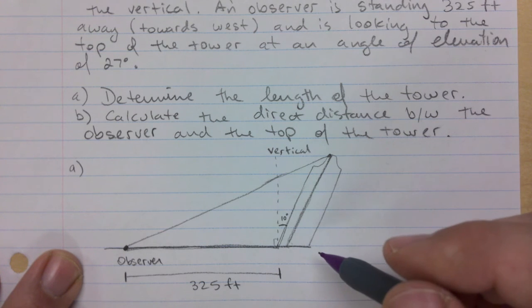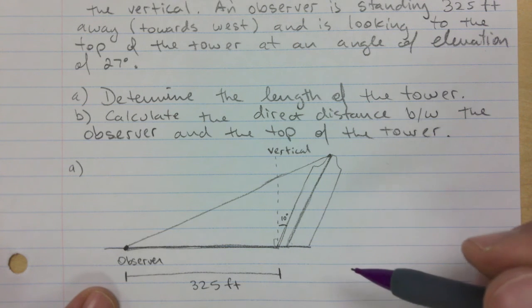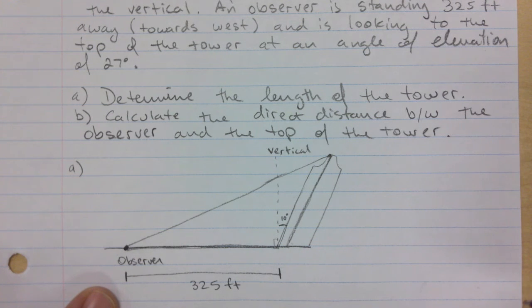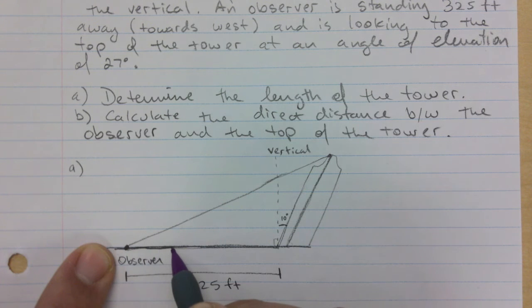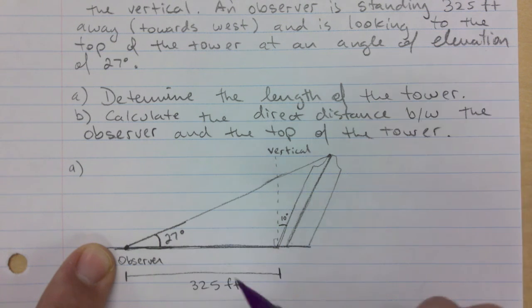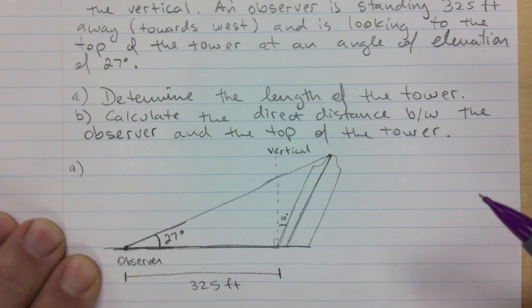And see if we can fill this in with more info. It's saying that the angle of elevation is 27 degrees. And we know that the angle of elevation is between the horizontal and the line of sight looking up. So this right here is 27 degrees. Okay. What else do we know?